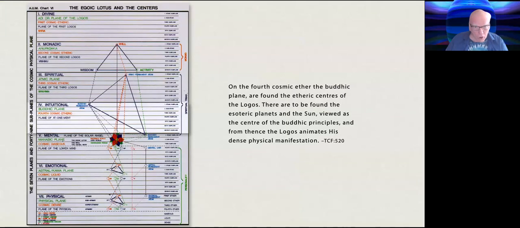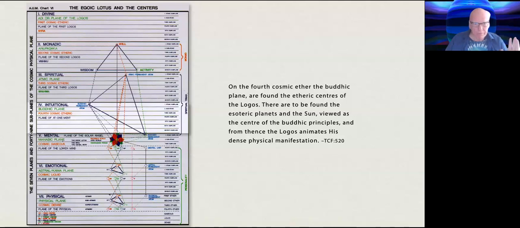DK says, "On the fourth cosmic ether, the Buddhic plane, are found the etheric centers of the logos. There are to be found the esoteric planets and the sun, viewed as the centers of the Buddhic principles, and from thence the logos animates his dense physical manifestation."